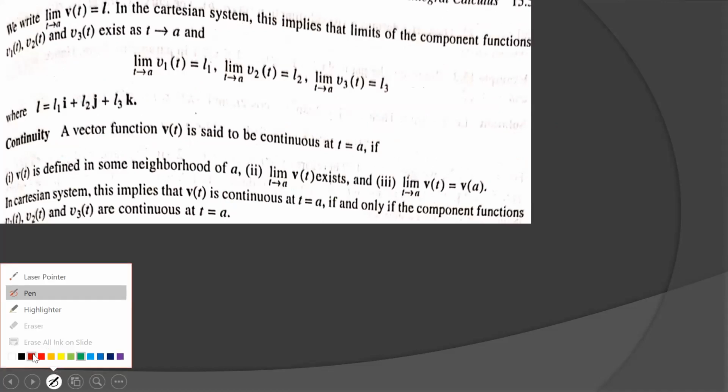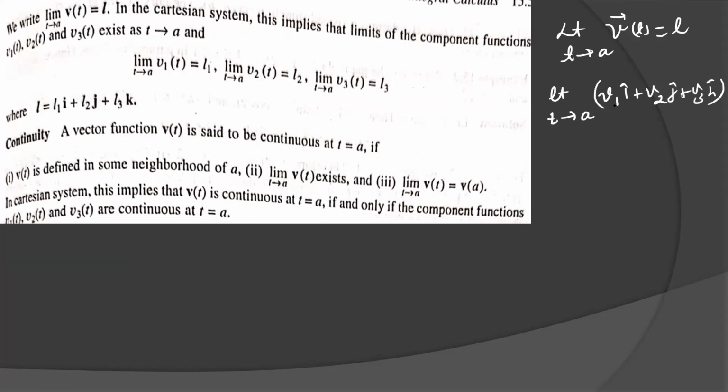We write, if we suppose the limit is existing here, then what is the meaning of limit here? Limit as t tends to a of V(t) is equal to L. Writing in vector representation, V1i plus V2j plus V3k, and L I am supposing as a vector, L1i plus L2j plus L3k.